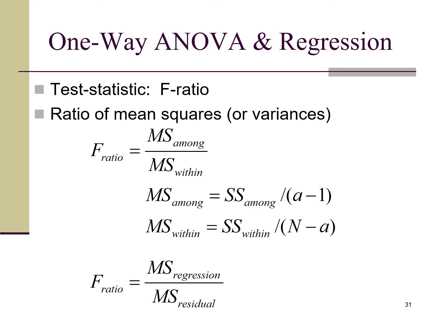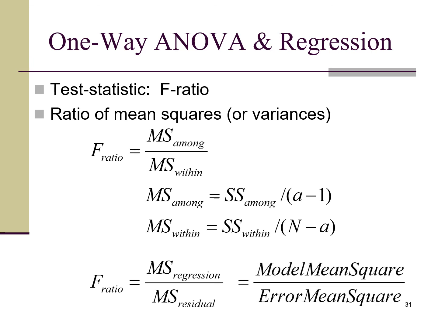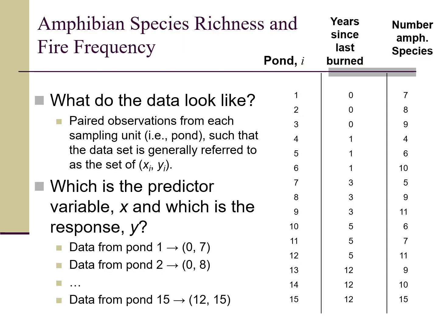So the mean square of the residual here is what's left over, obviously. So what's left over is that residual sum of squares over your number of observations. So the regression or model mean square over the residual or error mean square. So we're back to the data.